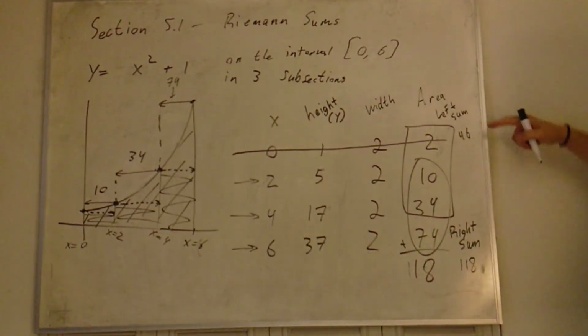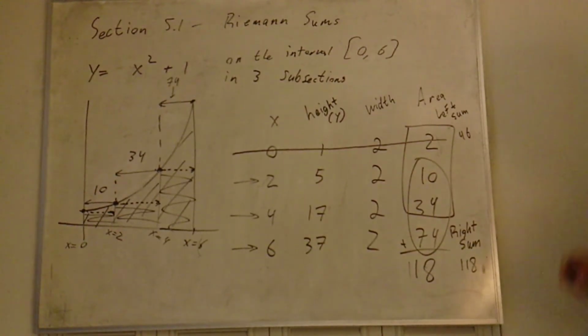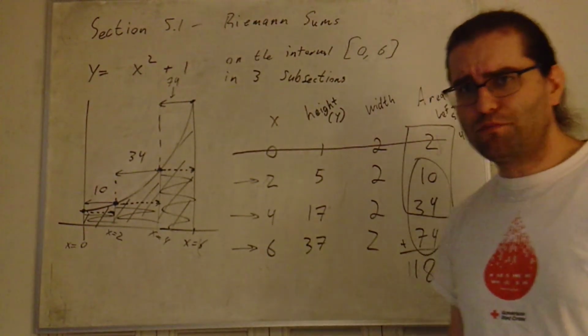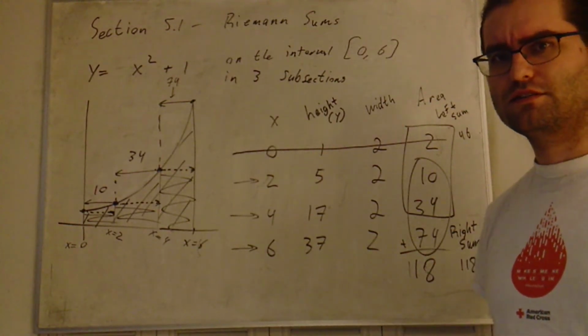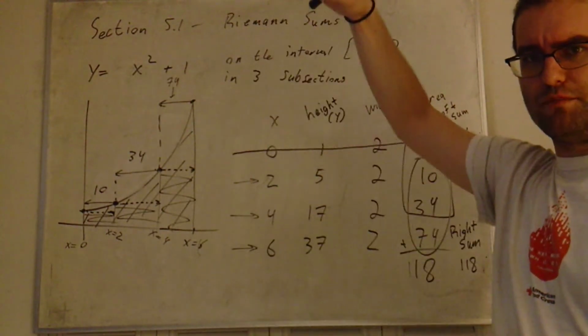So the actual value of this area is somewhere between 46 and 118, which is not good bounds. One of those bounds is more than double the other. It's kind of crappy bounds, honestly. There's a huge gap between those 2 numbers.